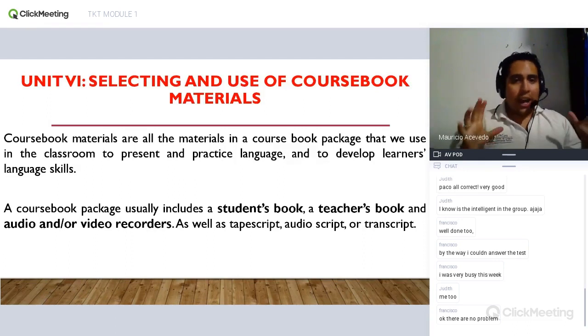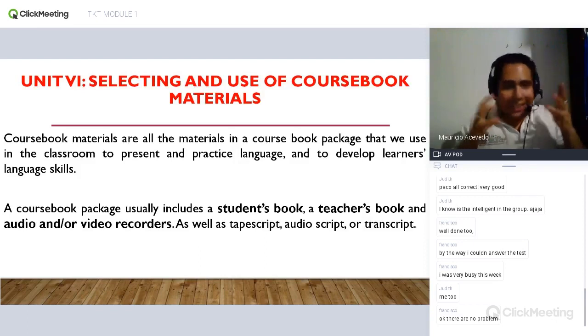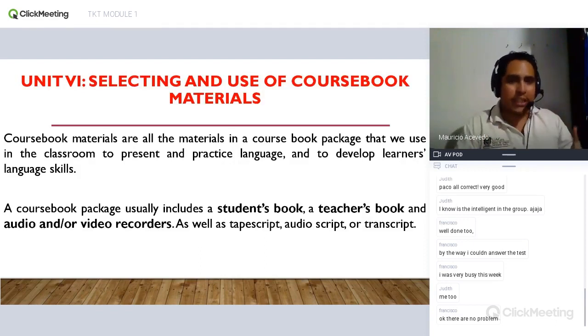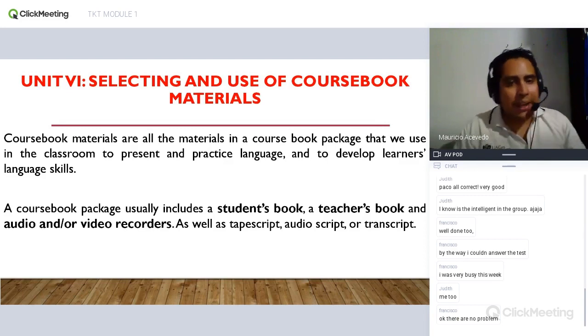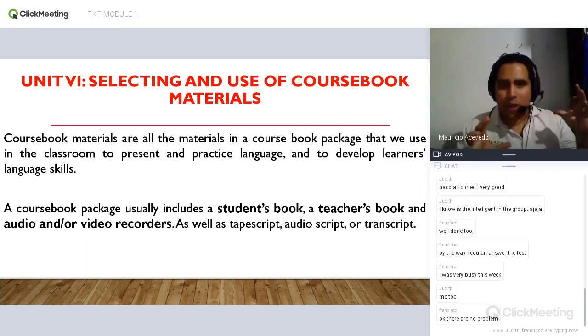Okay, so I want to ask you. I know maybe that you are teaching in many levels, but tell me, you have a package when you are teaching, right? What of these elements does your teacher's package have? In my case, for example, I always have the student's book, the teacher's book, and the audios. I don't work with video recorders because I have my own page in which we can watch videos. But like the CDs or video recorders, not.